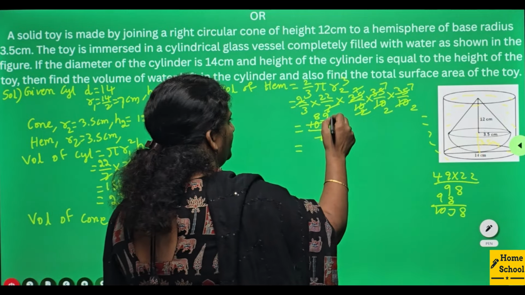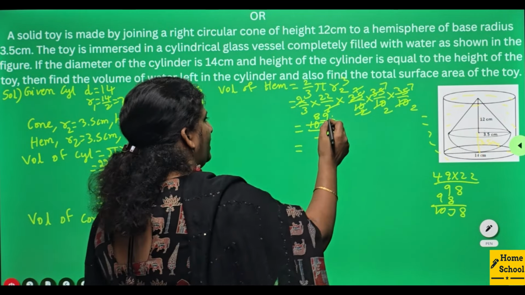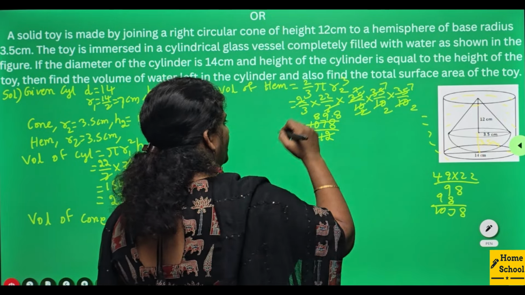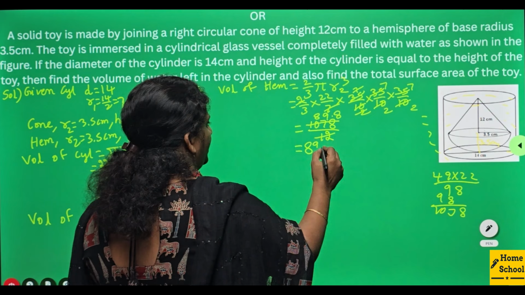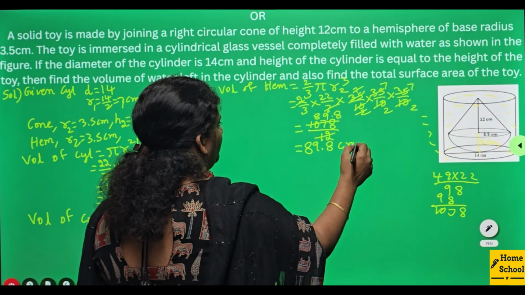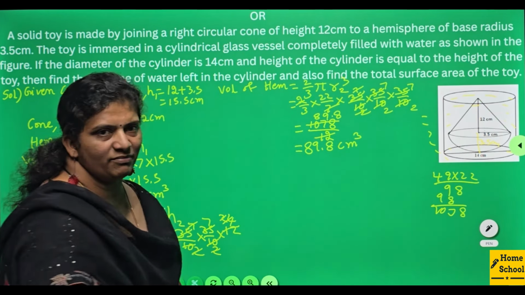Put a point, 100. Again 12 eights are 96, 89.8 you are going to get. So let me write here 89.8 centimeter cube is the volume of the hemisphere.